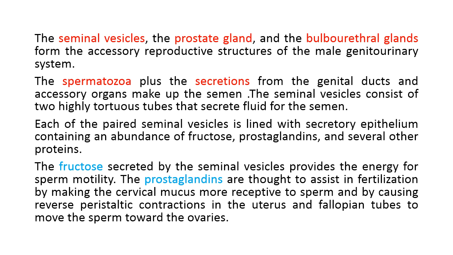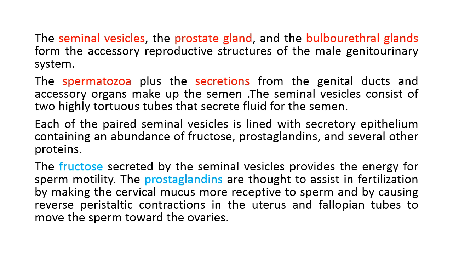And we will continue with the spermatozoa, which, with the secretions from the genital ducts and the accessory organs, make up the semen. So the semen contains the spermatozoa and the secretions from the genital ducts and the accessory organs.